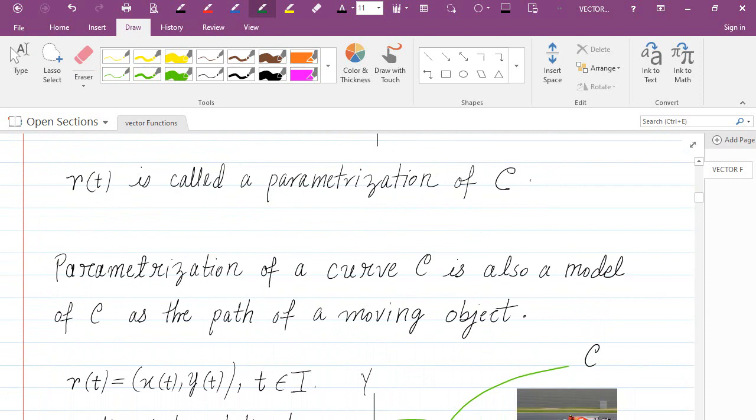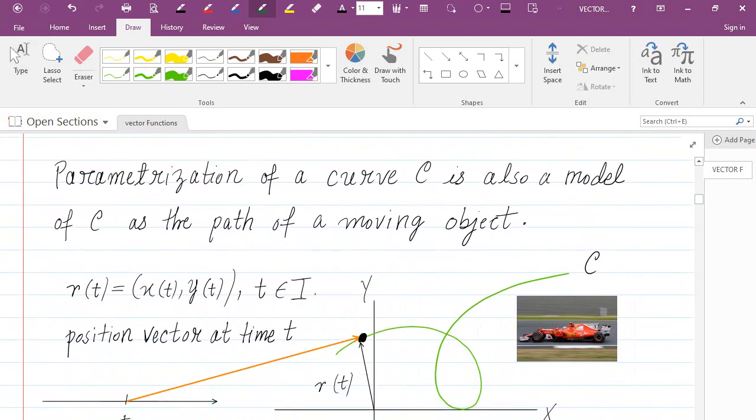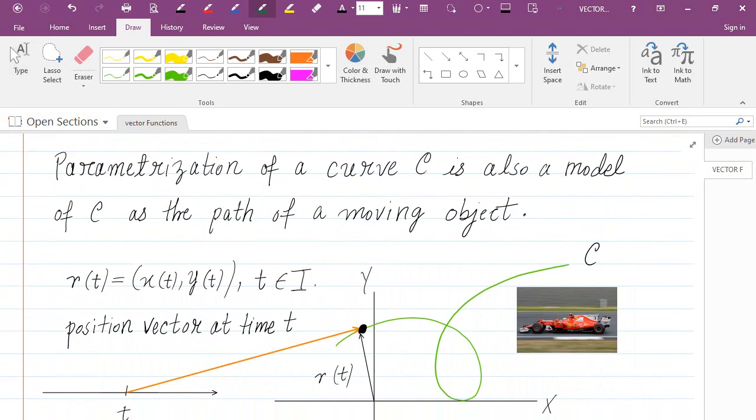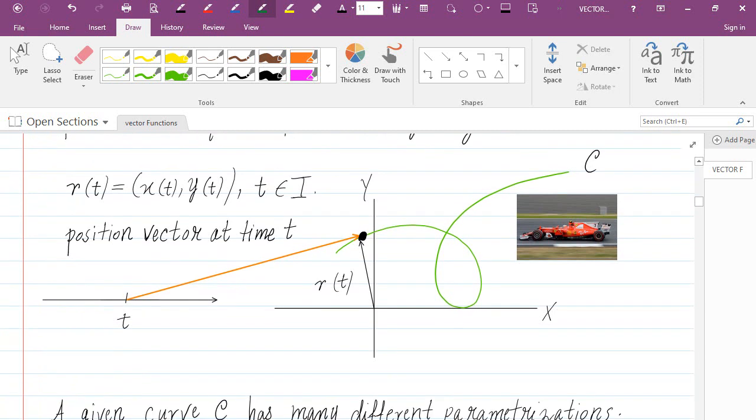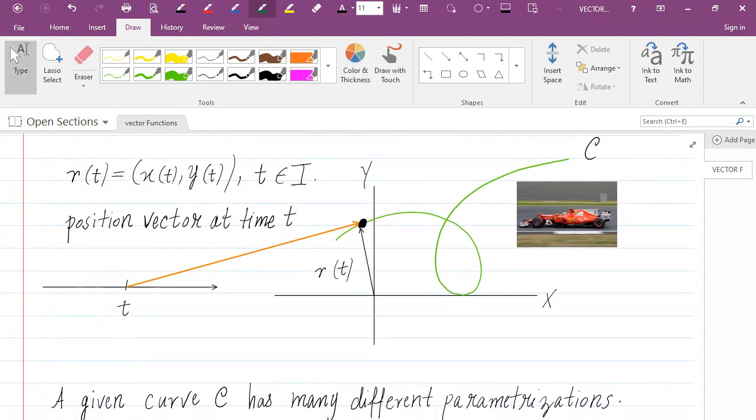Now, the parameterization of a curve C is also a model of C as the path of a moving object. So, in other words, I can think of R of t giving me the position vector of a moving object at time t.